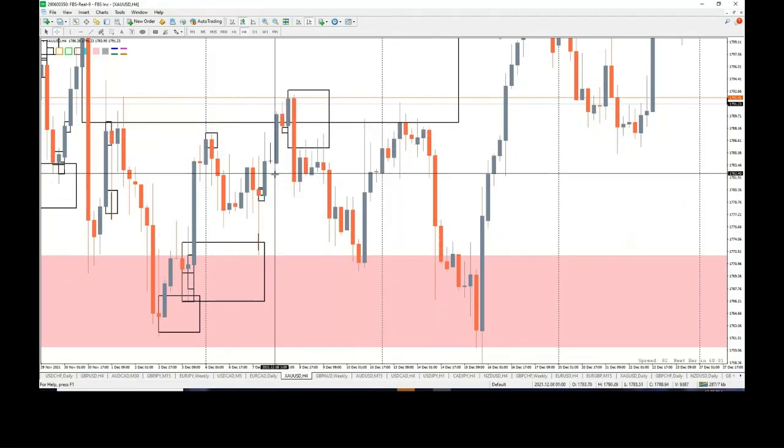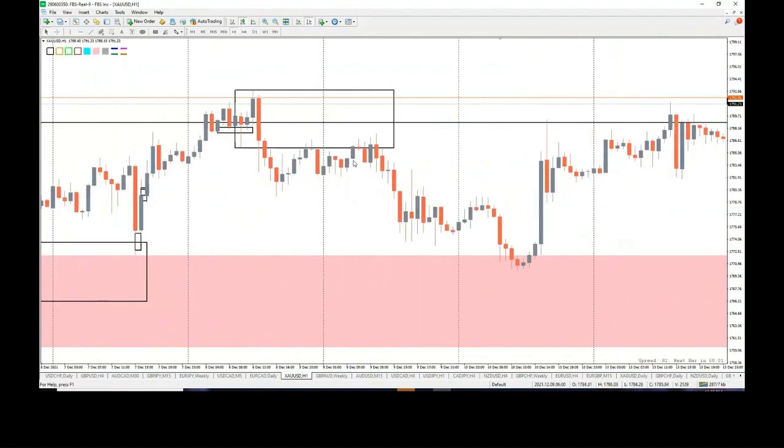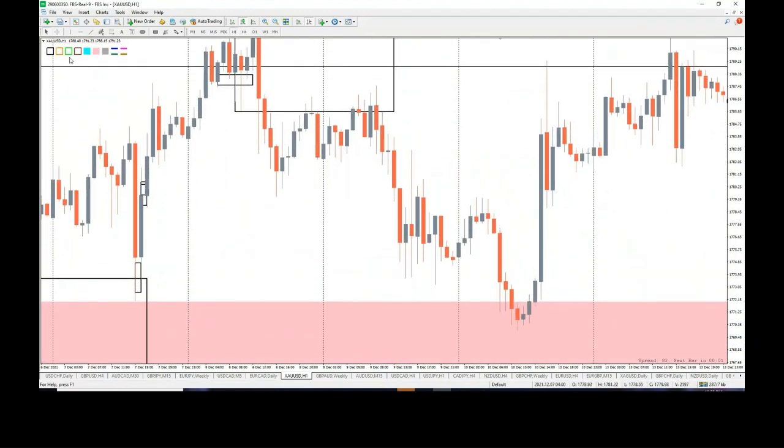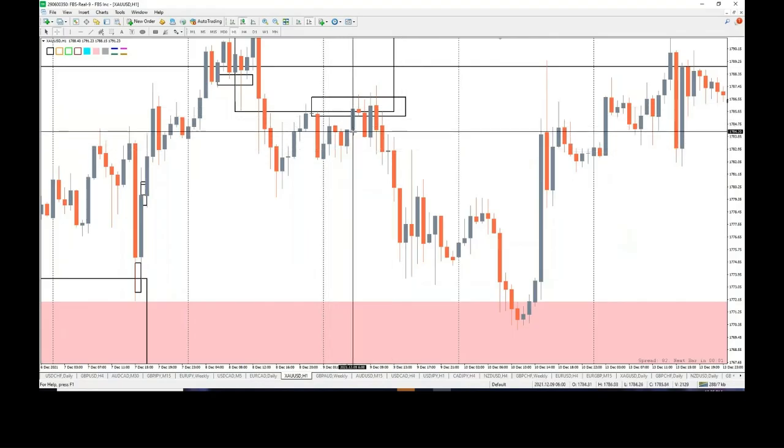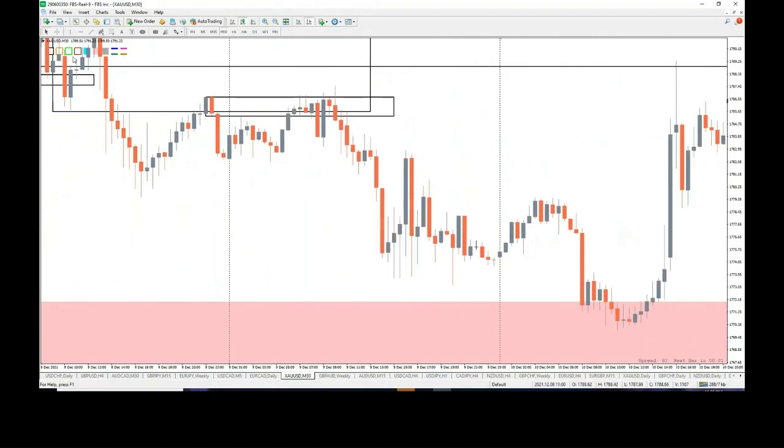When the price comes to the H4 zone, we have to wait for H1 or M30 to make an engulfing. So this is an H1 zone. We have to wait for M30 or M15 to make an engulfing sell. So this is your re-entry.